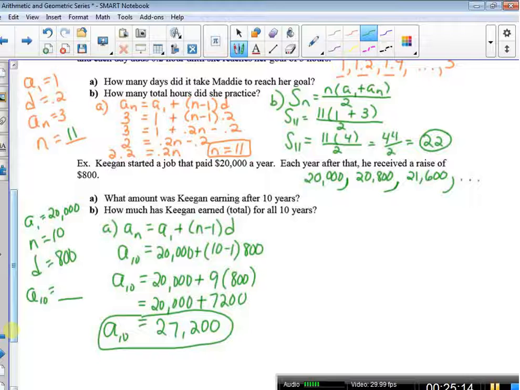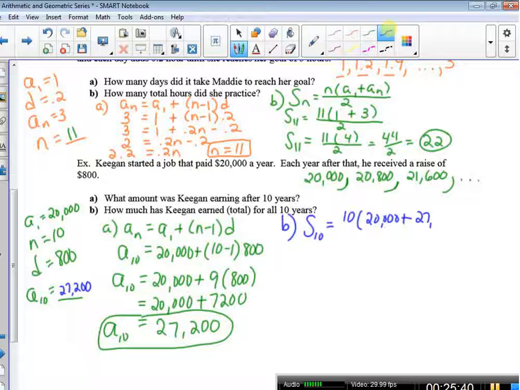For part B, now they're asking how much had she earned in total over the 10 years. So S sub 10 is equal to N, which is 10, times A sub 1, which is 20,000, plus A sub N. What is the 10th term? We now know that A sub 10 is 27,200.